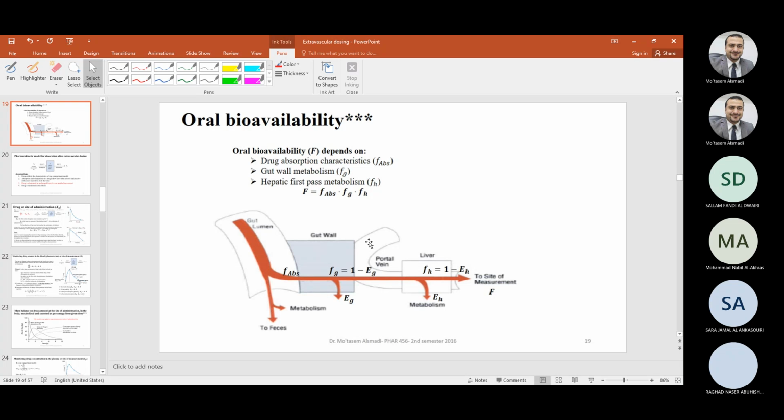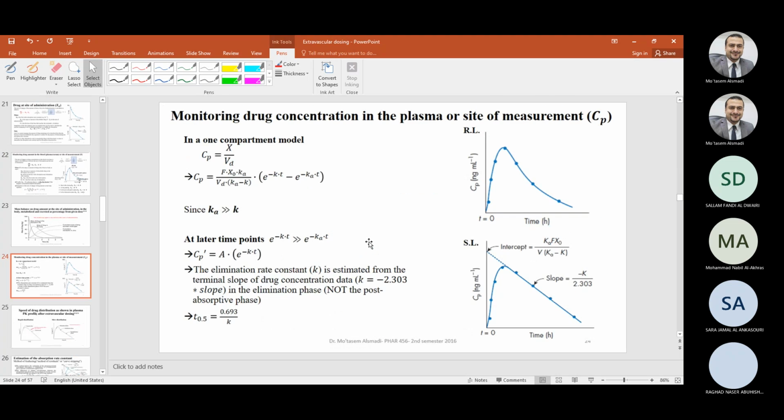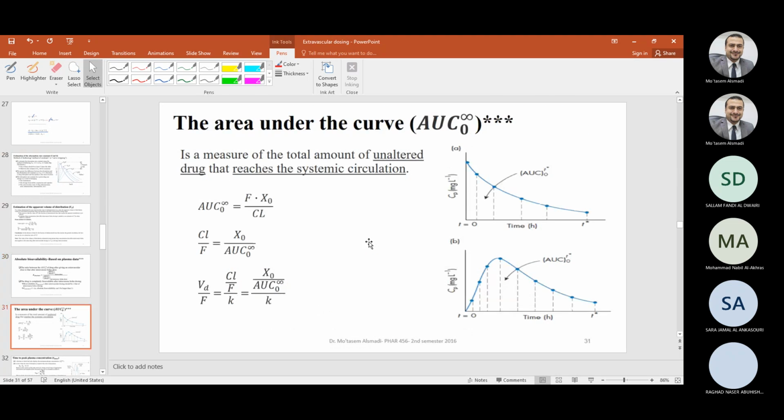There's no first-pass hepatic extraction after intramuscular dosing or subcutaneous dosing or inhalation dosing. It's only applicable to what? To oral dosing. Also, there's no GI wall extraction on the first pass except after oral dosing. That's why this equation is only relevant to what? To oral absorption. The other equations in this chapter are general equations. They can be applied to all of the extravascular dosing routes.